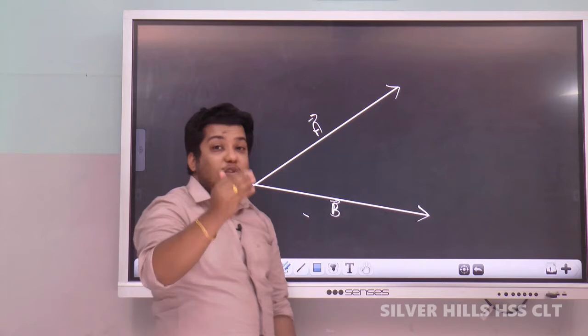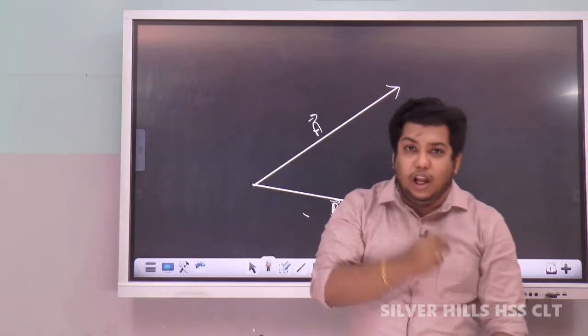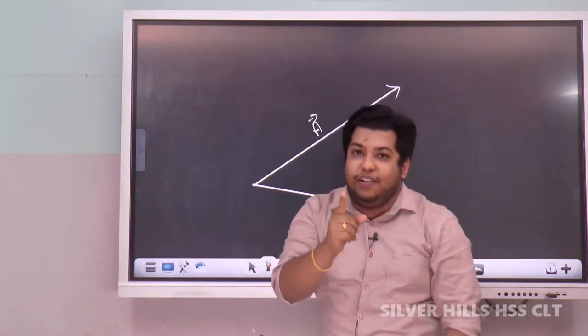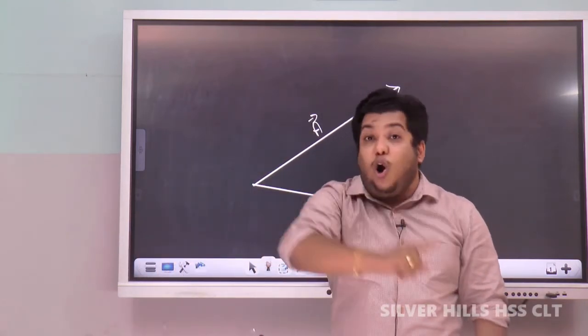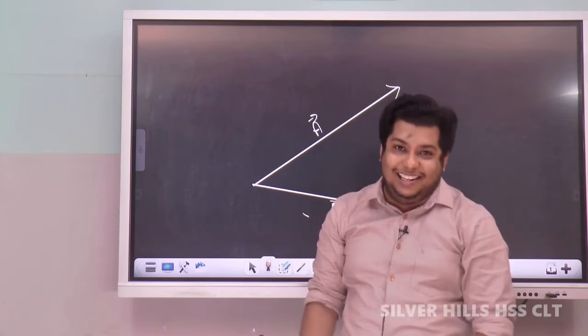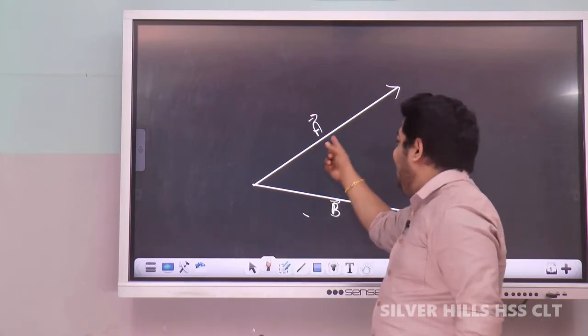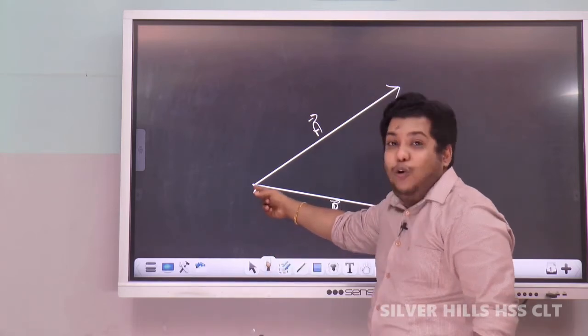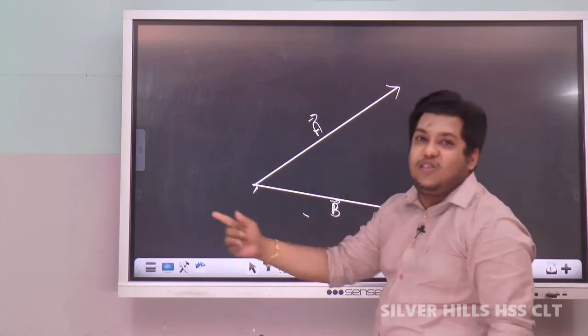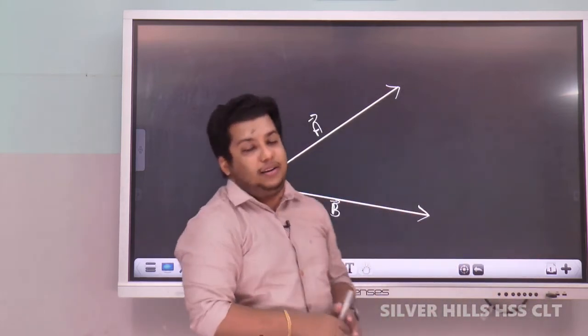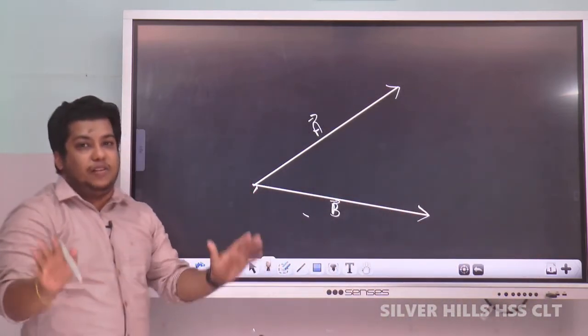So what is a co-initial vector? Those vectors which have a common origin or common initial point, or starting point, are called co-initial vectors. The third type is over.